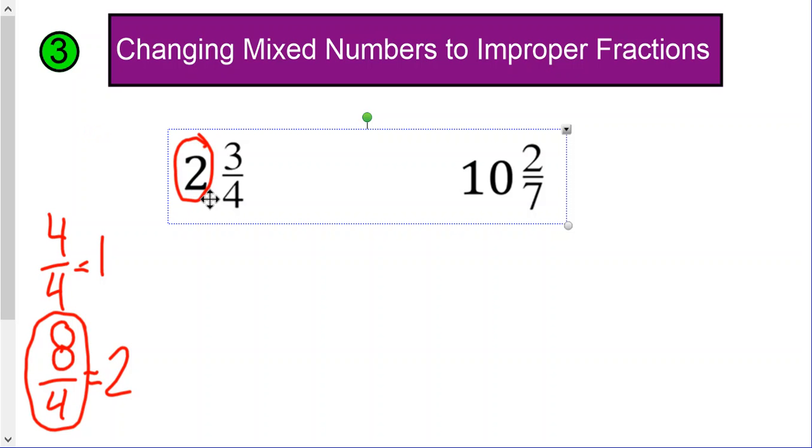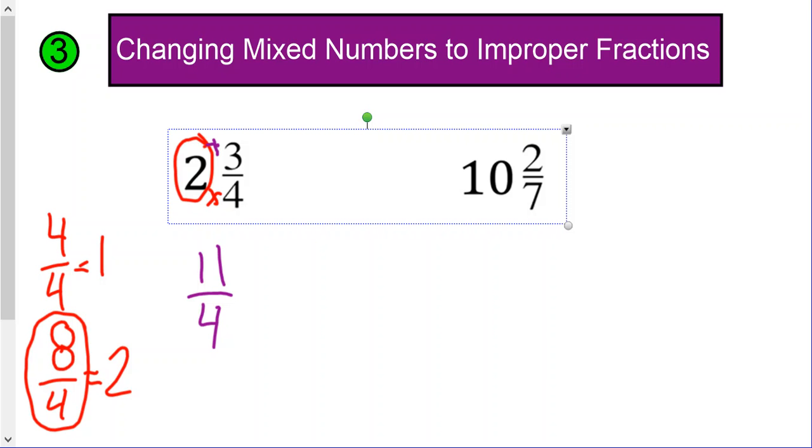So if we multiply the denominator by the whole number, and then we add the numerator, we would have 4 times 2 gives us 8, plus 3 gives us 11. So we would have 11/4. Okay, so that's how we can change a mixed number into an improper fraction.